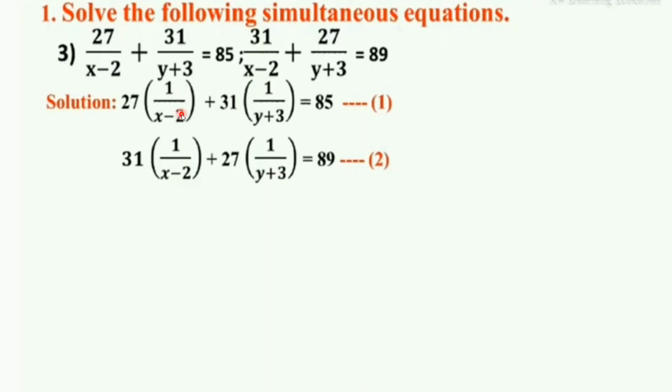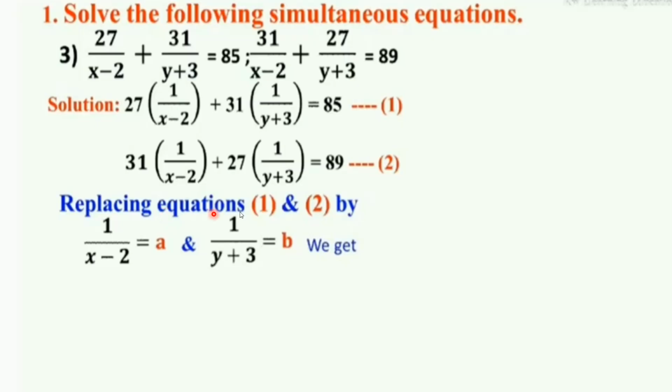That is 27 into 1 divided by x minus 2 plus 31 into 1 divided by y plus 3 is equal to 85, to be equation number 1. And 31 into 1 divided by x minus 2 plus 27 into 1 divided by y plus 3 is equal to 89. So in these two equations, I have written in such a way that I can easily take the substitution for 1 divided by x minus 2 and 1 divided by y plus 3.